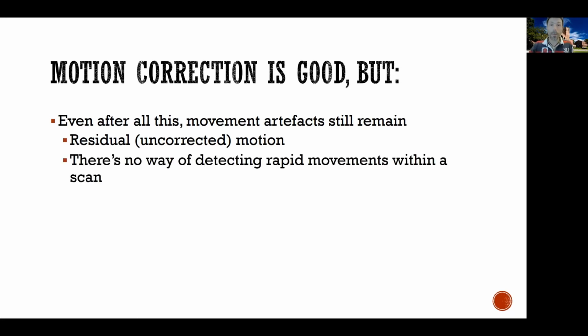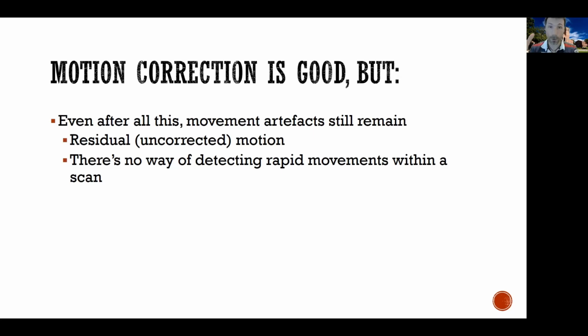Furthermore, you should keep in mind that there are some types of motion that are just very difficult to detect. See, the way in which we see that motion has happened is that we take one volume and we see if there was a lot of difference with some reference volume. Imagine this. Imagine that a participant started here, then during the TR, they suddenly did this, and then before the TR is done, they go exactly right back to where they started.